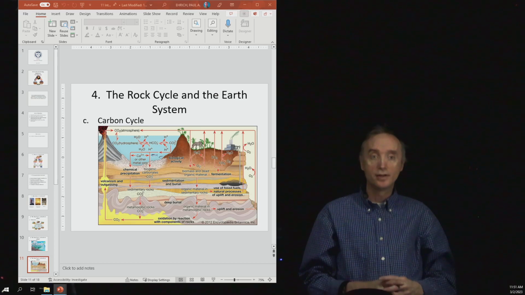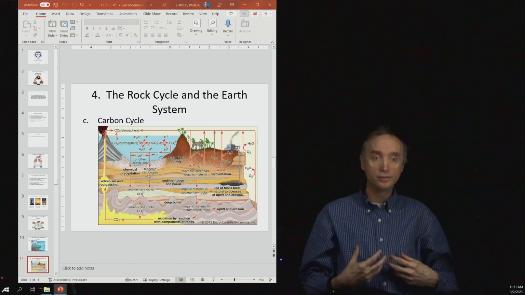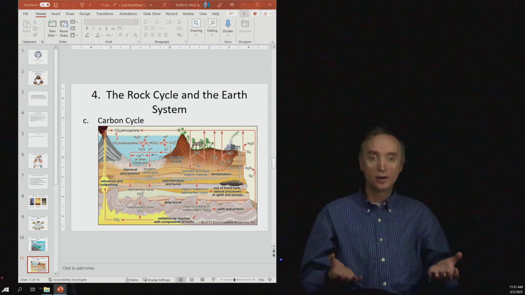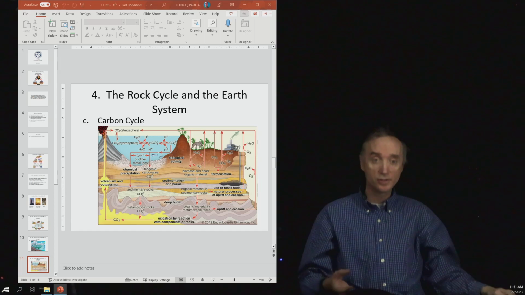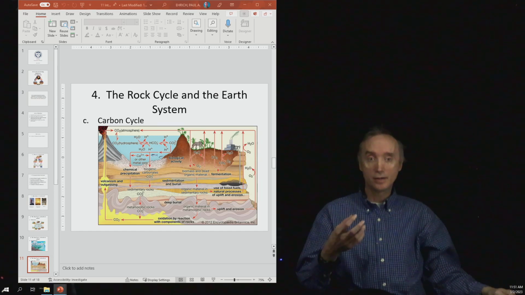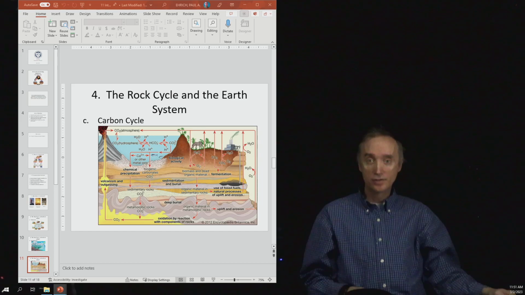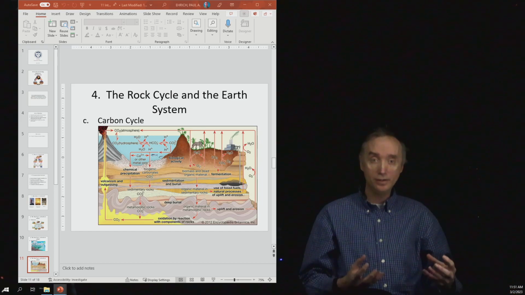Animals take in food, and they convert those carbohydrates and proteins and things like that. As they break down that stuff, they consume oxygen and give off carbon dioxide, which can go back into the atmosphere.